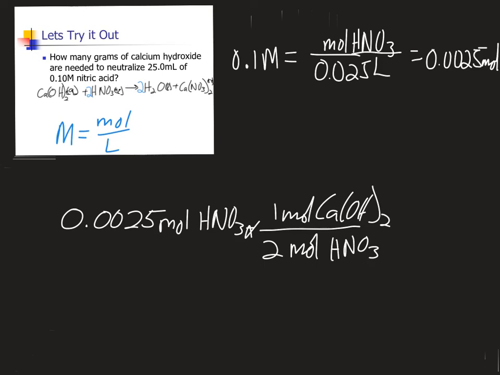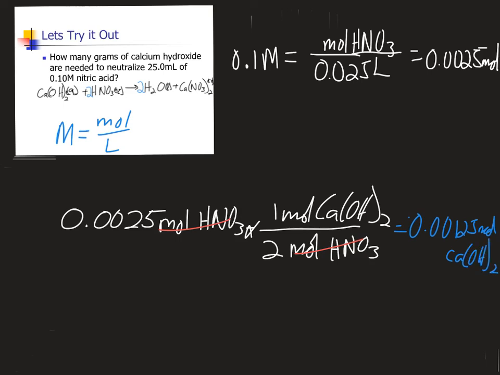Now that I have that, my labels can cancel off to give me an even smaller number, which I know is just like crazy time happening here. And we get equal to 0.00125 moles of calcium hydroxide.